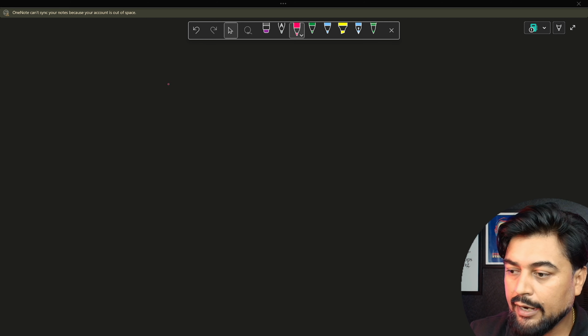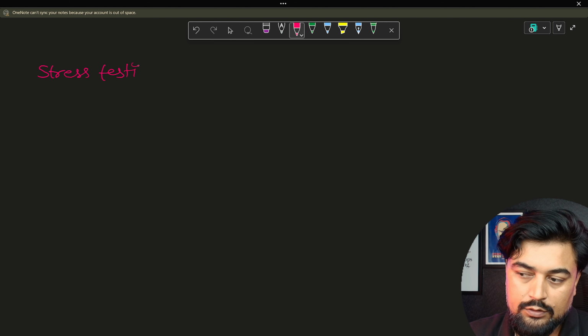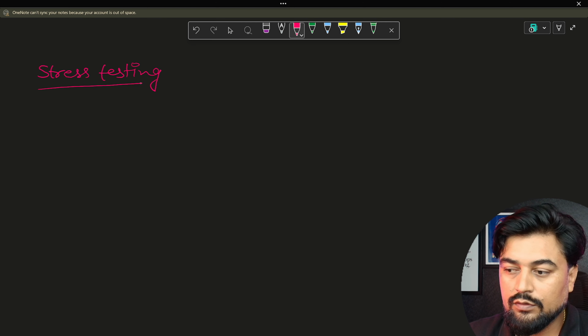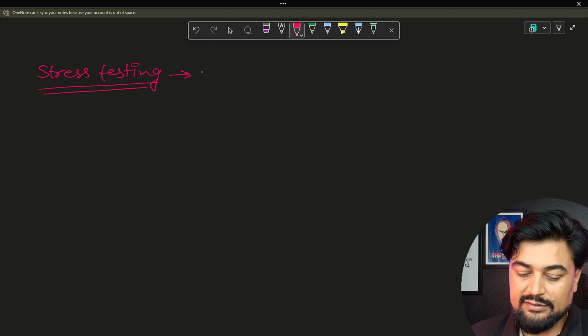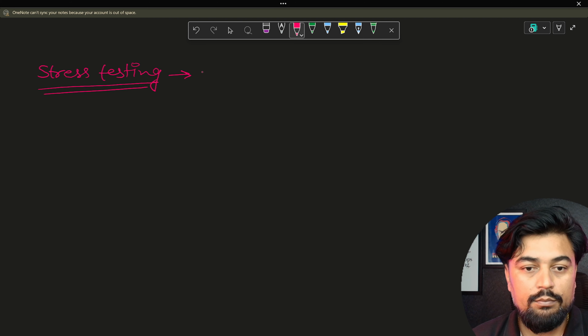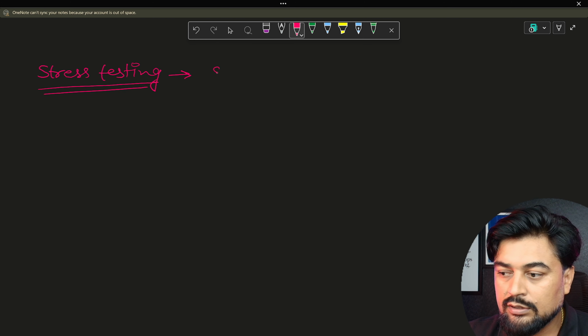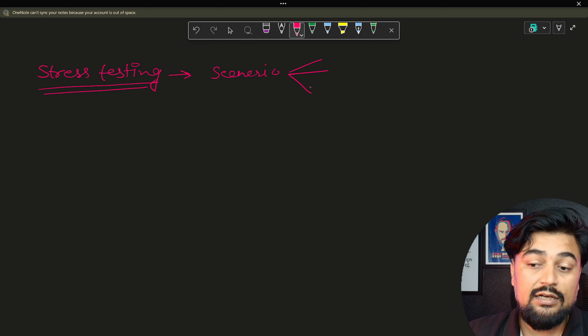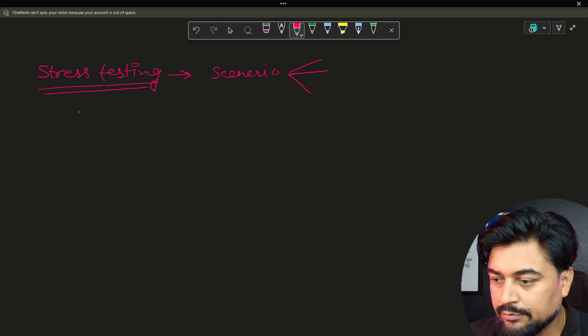Now, let's come back to the topic of the day, that is stress testing. The objective of stress testing is to check the model performance during different scenarios. There are several types of scenarios which the stress test needs to address. Before that, let me write the definition.